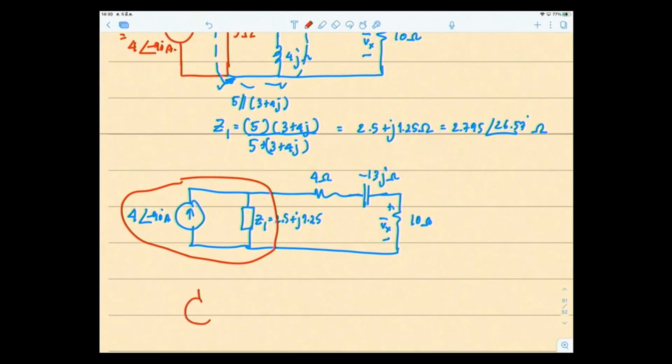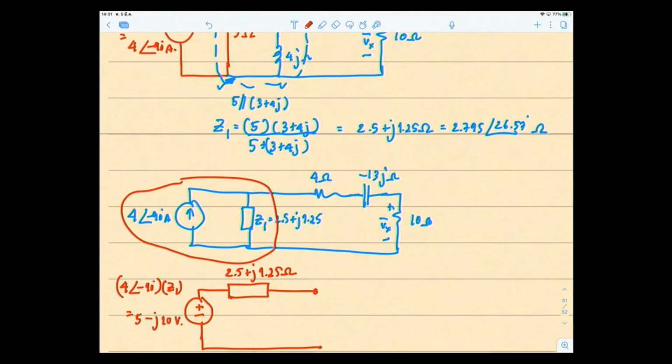So Z1 stays Z1, but changes position. So this is 2.5 plus j1.25 ohms, right? And this becomes 4 angle minus 90 degrees times Z1, and it becomes 5 minus j10 volt.